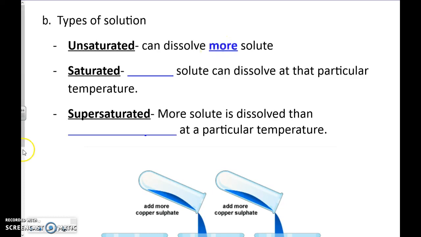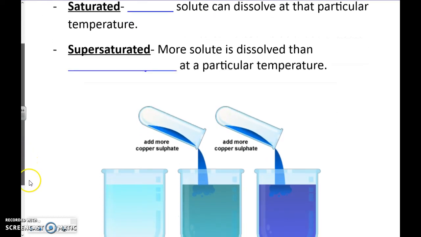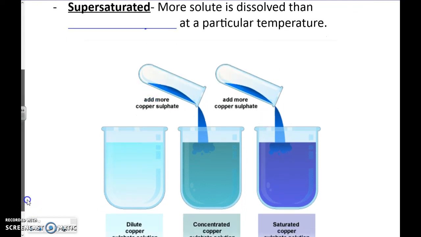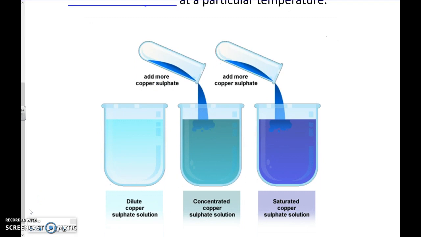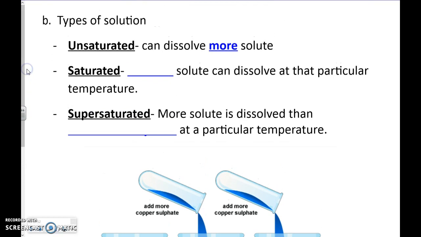That's if you can add more solid to your solution. This picture is an example of the copper sulfate that we're using in our single crystal lab. Notice that it's not very dark. We can add more and there wouldn't be any problem. It would all dissolve.